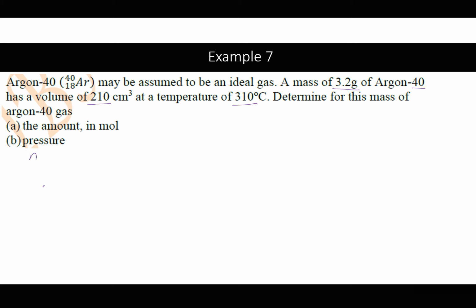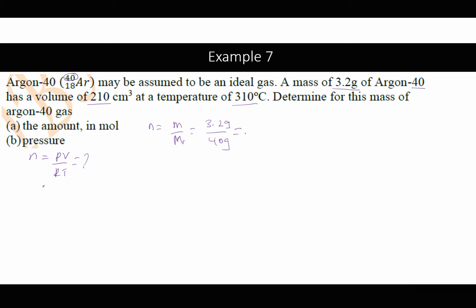So that is very easy. Number of moles is equal to PV over RT. We substitute. We don't have the pressure, we have only the volume, we know R, we know T. So this may not be a good equation to use, but still, number of moles can also be mass over molar mass, where the mass is 3.2 grams divided by the molar mass, which is 40 grams, because the molar mass is the relative molecular mass in grams.